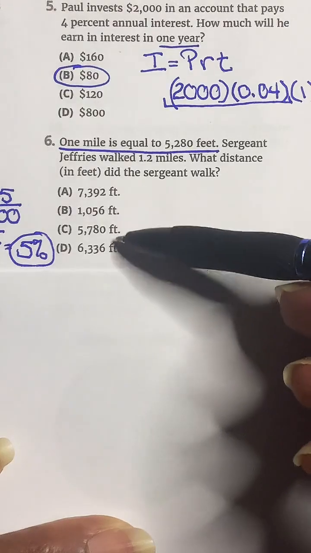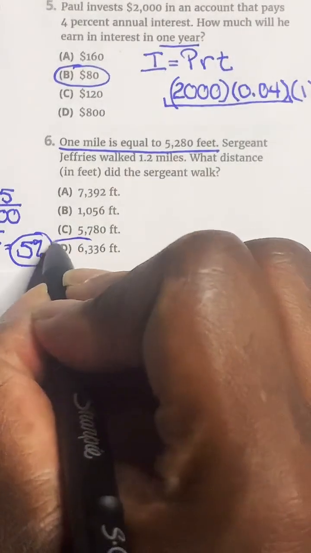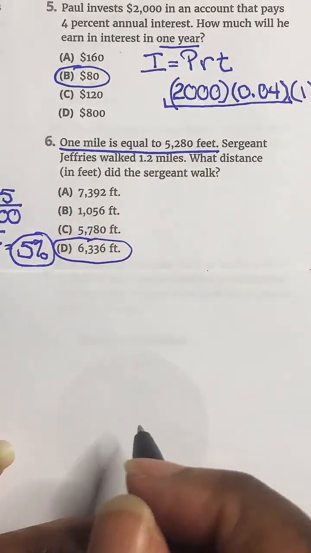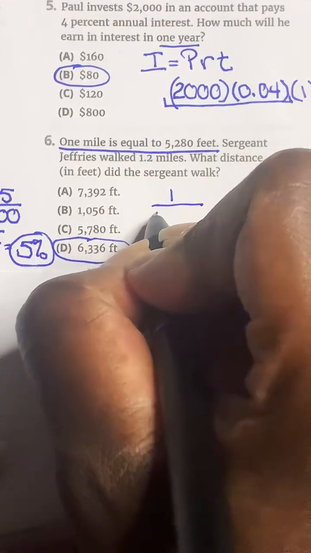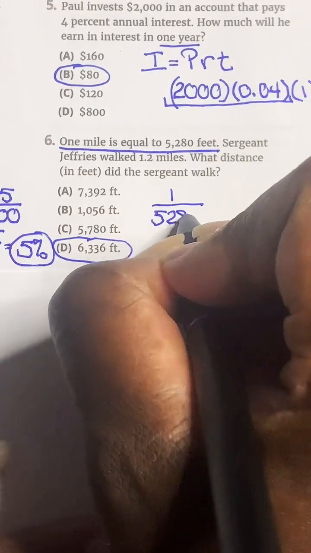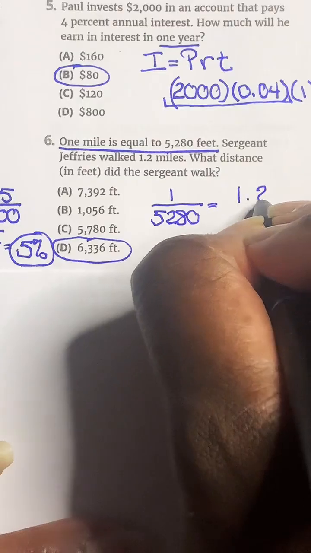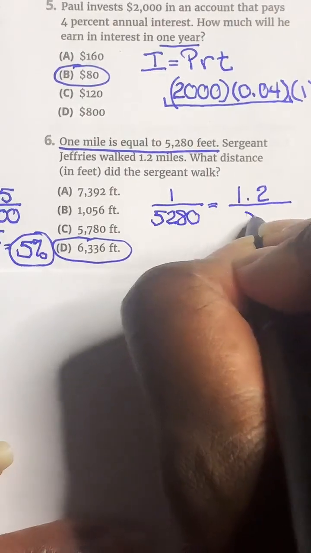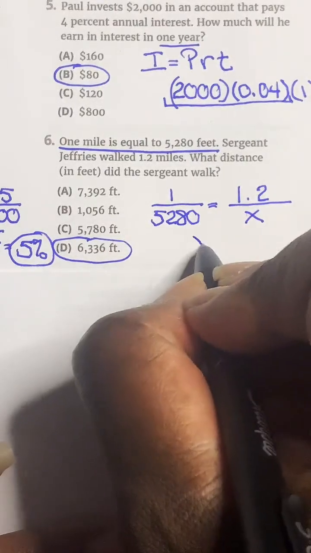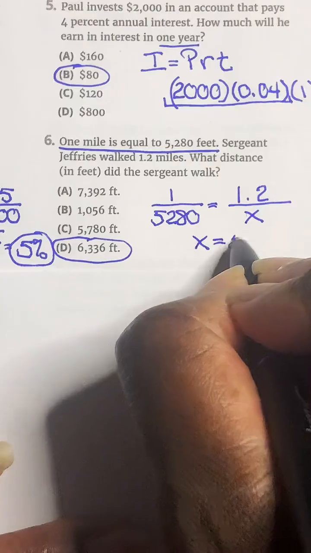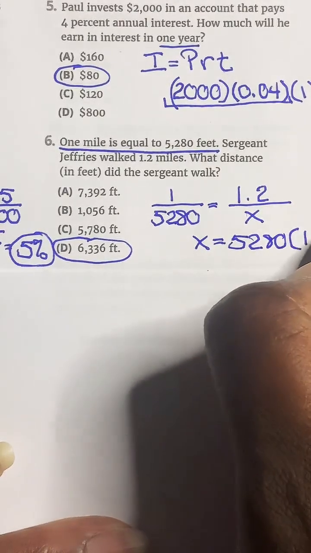Okay, so I can change everything into feet, which is going to be D. Because if you know that 1 mile is equal to 5,280 feet, the sergeant walked 1.2 miles, you're looking for how many feet. So you're going to cross multiply. So this gives me X is equal to 5,280 times 1.2.